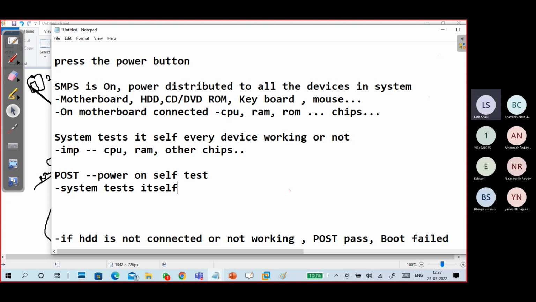Make sure devices, system components, importantly CPU, RAM, working.